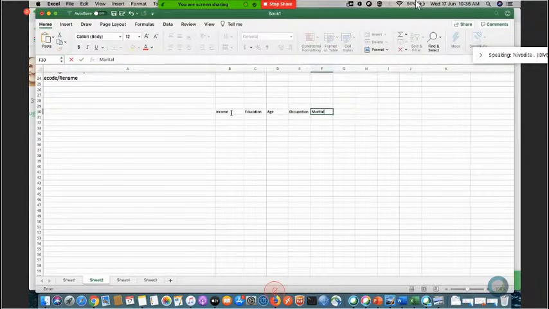When we have a target which is continuous, we often try to estimate income equal to a function of all these: education, age, occupation, marital status.